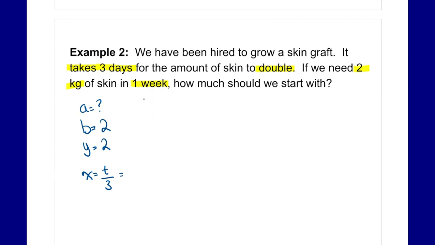For T, I can use 7 because 1 week is 7 days. So 7/3 is going to be my X value. I can plug this into my formula for exponential growth. Y is 2, A is unknown, B is 2, and X is 7/3.